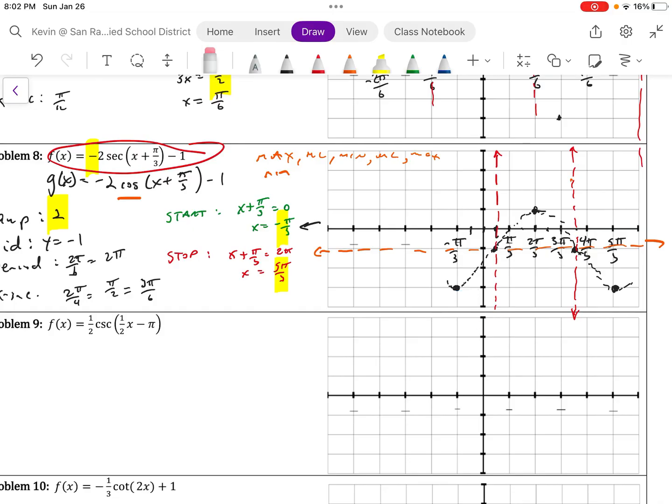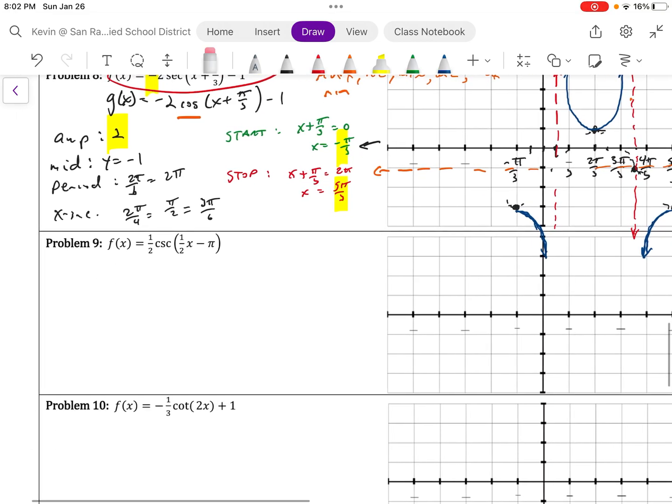Normally you'd see it like this, but since we're just doing one period, and that's my starting point, I'm coming like this. And then over here, we're coming like this. And then over here, we're doing a half right there. Okay, and then if I wanted to take out my cosine graph, I could, because that buddy cosine is just to help us know where we put everything in. So it looks something like that.